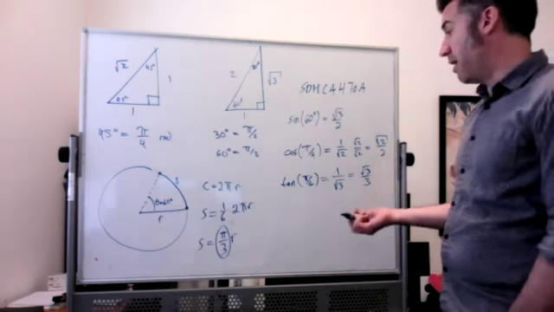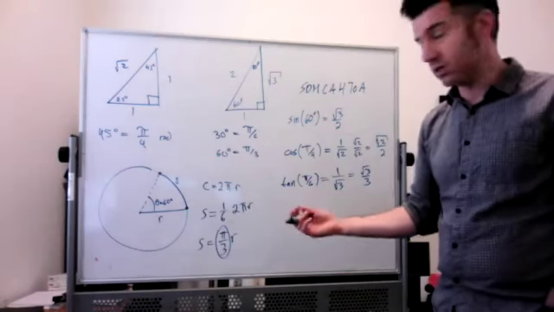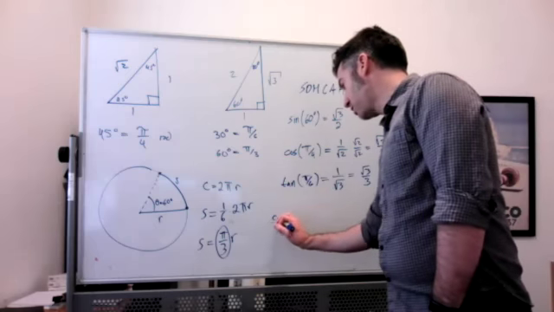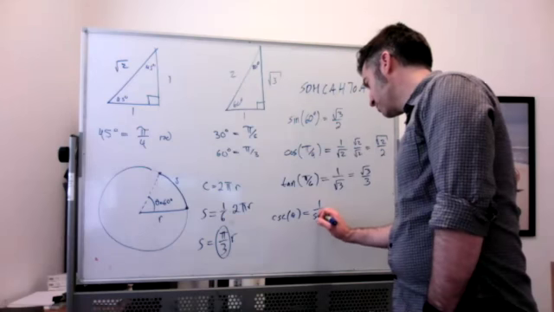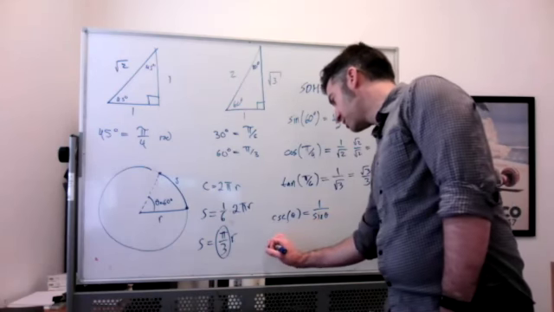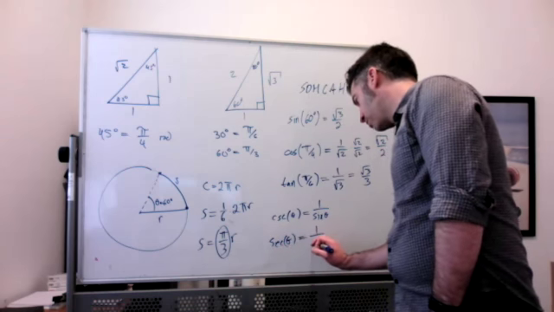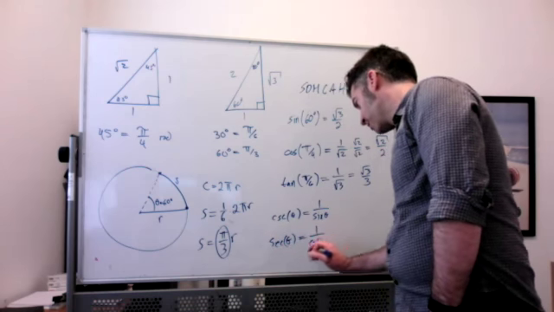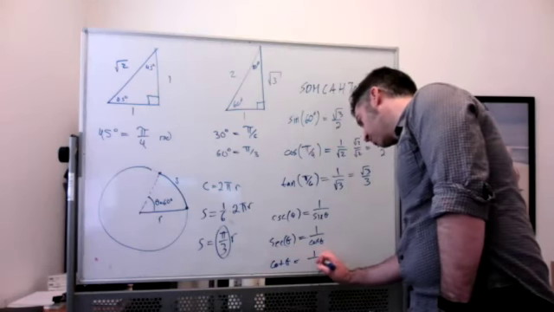And then to find the other 3 trig functions, cosecant, secant, and cotangent, we have to remember that cosecant of an angle is the reciprocal of sine. Secant of an angle is the reciprocal of cosine. And cotangent of an angle, one way to remember it, is the reciprocal of tangent.